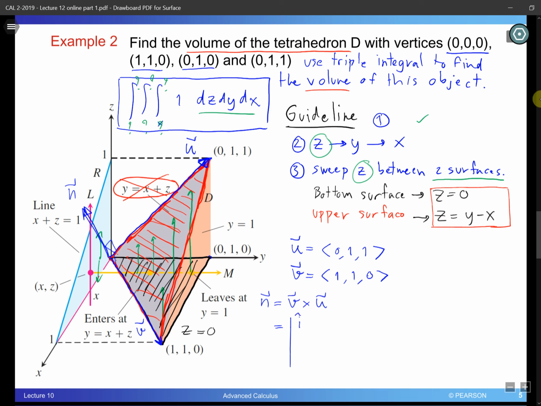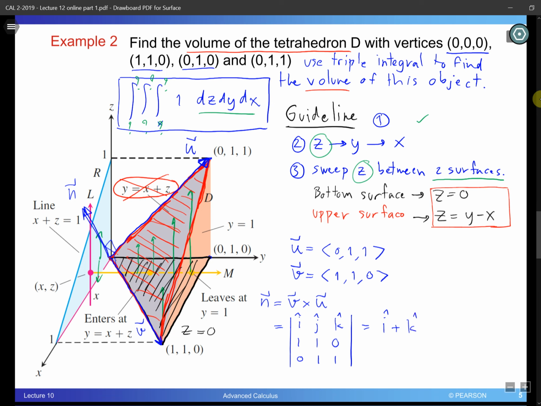I, j, k, and we have v = (1, 1, 0) and u = (0, 1, 1). Now we perform the calculation, multiply down. I get i, and then j goes to 0, and then plus k. Now minus, multiply up.